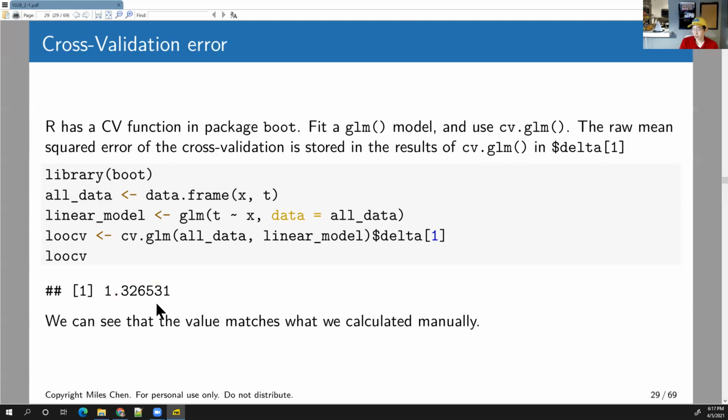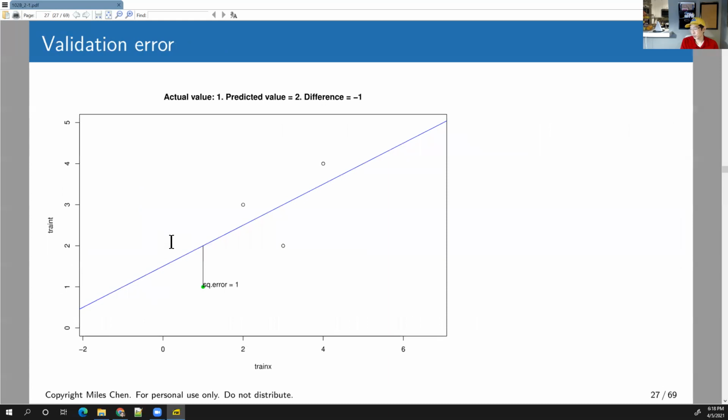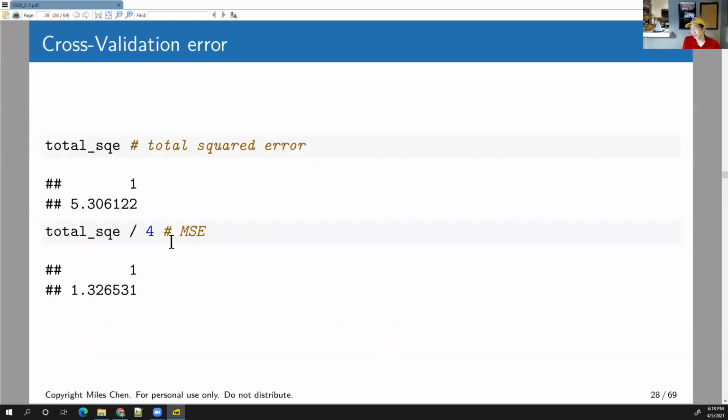If we did it manually, we got 1.3265, and if we just ask R to do it using their boot library, we get the same value here. Which is great, because this is probably what you would use in general production, whereas, just for illustration and understanding where these numbers come from, it's nice to be able to recover the same values yourself.